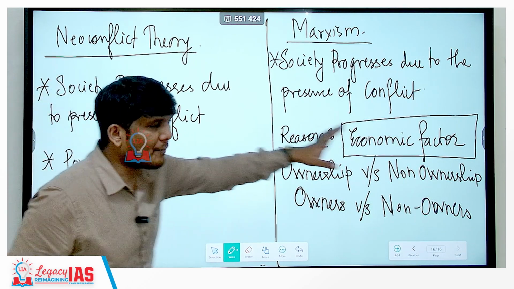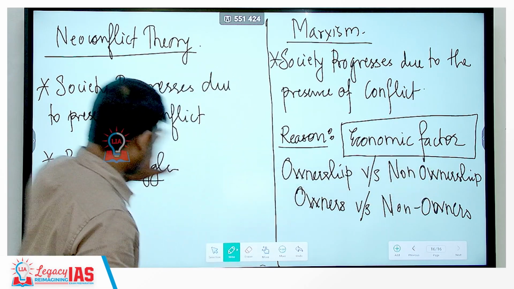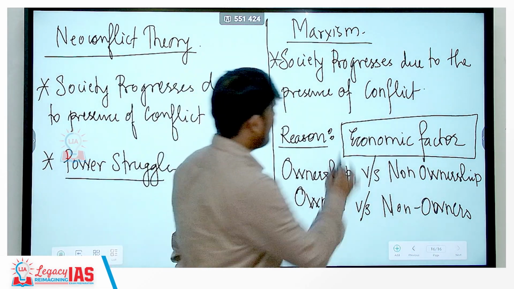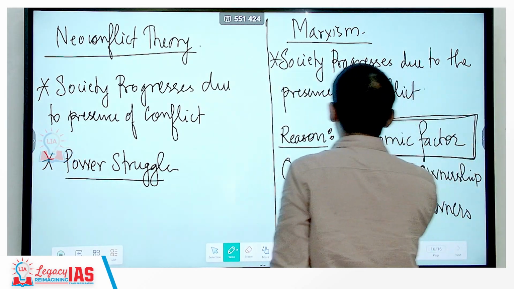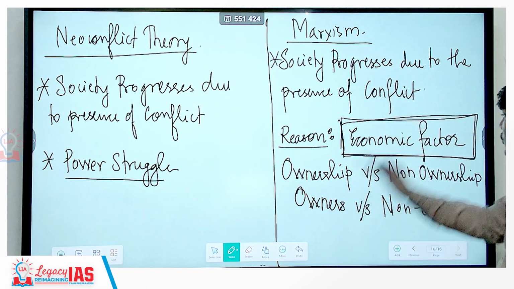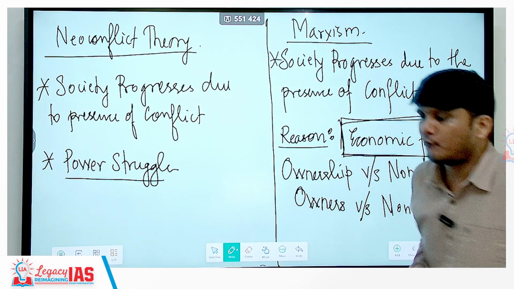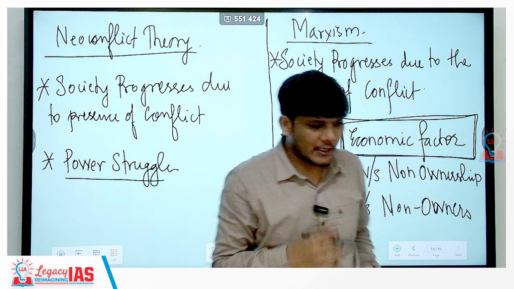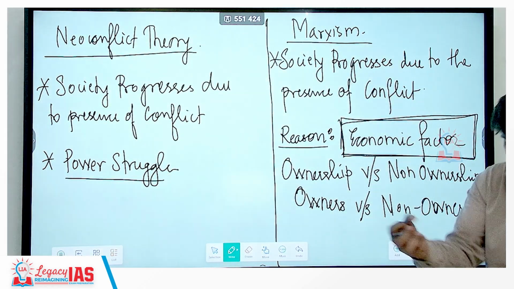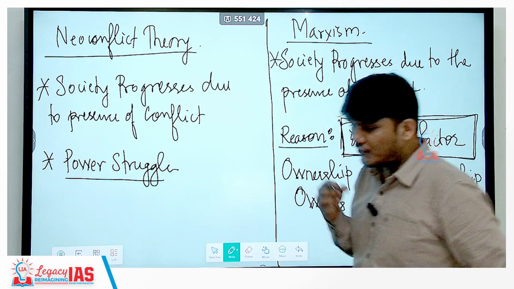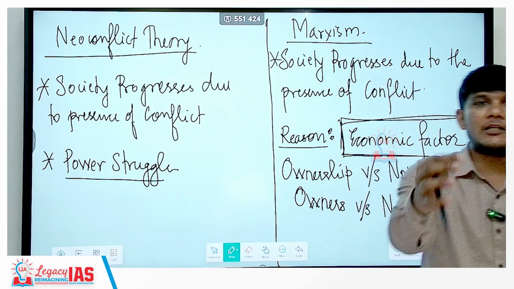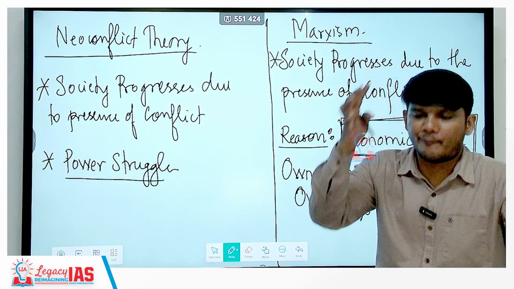See, this is also power struggle. This is also power struggle. But this power struggle is solely based on the economic factor. Anything with respect to Marx boils down to the economic factor. Even if you study gender inequality, Karl Marx will say, or Marxism philosophy will say, that gender inequality is stemming from the inequality in the ownership of the forces of production.